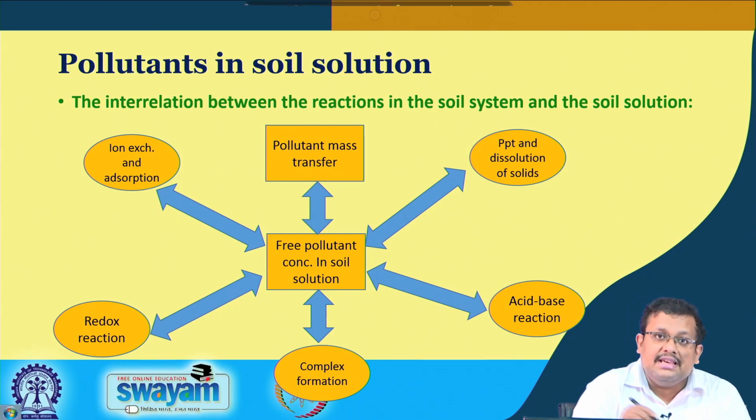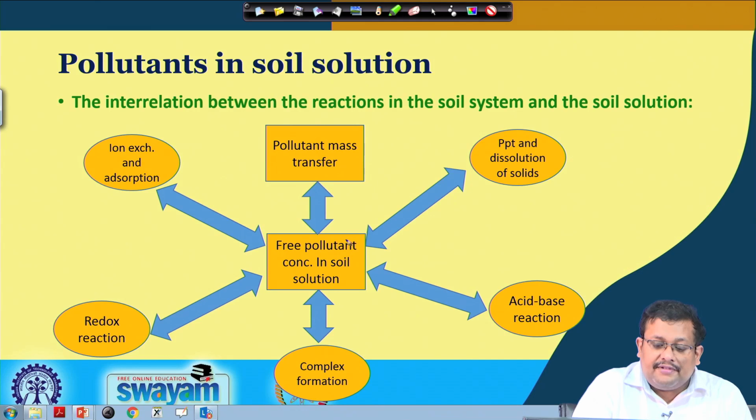If you can see here, there is free pollutant concentration in the soil solution. Let us consider it can be either organic or inorganic. So, this free pollutant concentration in soil solution can go to complex formation, and from the complex also it can go back to the free pollutant in soil solution pool.